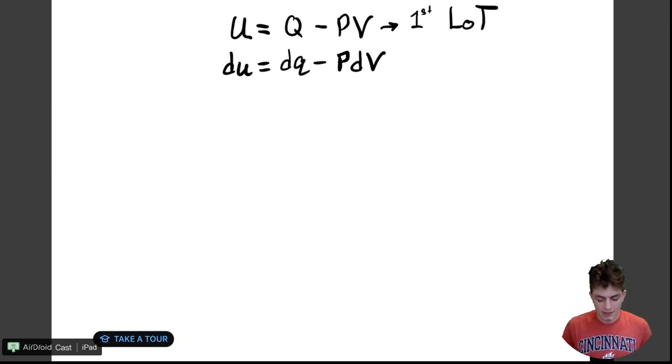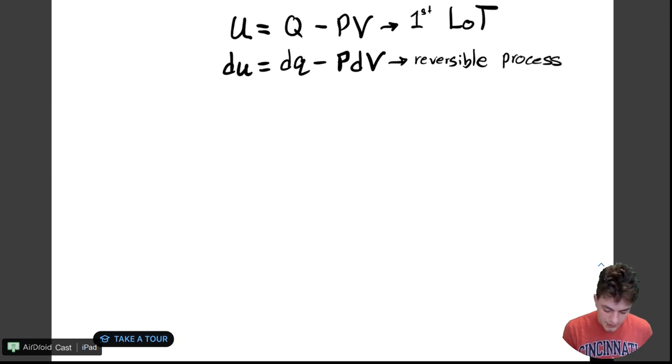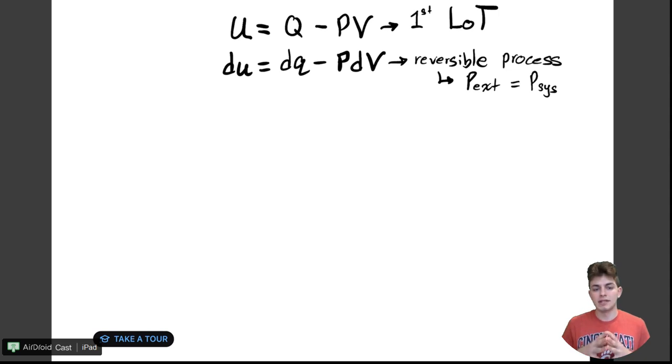Now, again, this is for any sort of reversible process, which is what we're mainly going to be dealing with here. Reversible. What does reversible mean? It means that the pressure of the external environment, or P external, is going to be equal to the pressure inside the system.